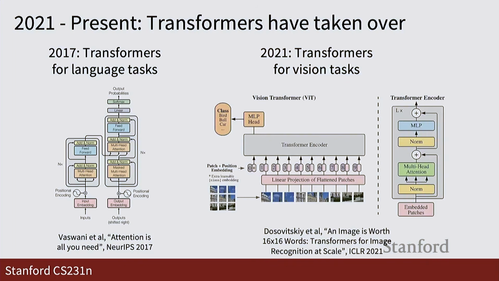But there was a really important paper in 2021 that basically applied nearly the exact same transformer architecture that had been getting used to process text, to process images in nearly the exact same way. And since then, people have found that for a lot of the previous problems that were previously solved using convolutional networks, you could replace the CNN with a transformer, keep everything else the same, and you tend to get better performance on these problems.